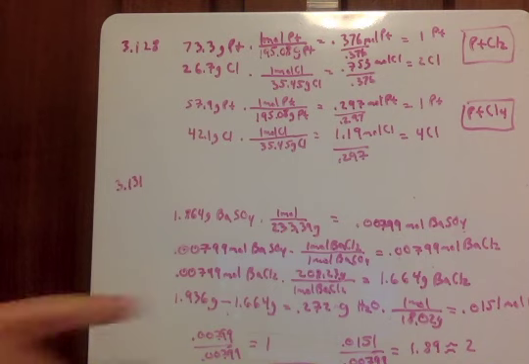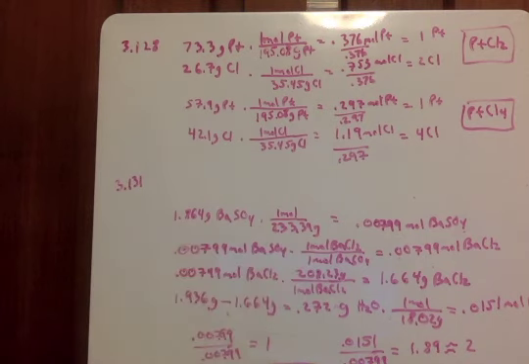So we have this 1 mole to 1 mole barium sulfate to barium chloride ratio. So that tells me that we must have originally had 0.00799 moles of barium chloride.